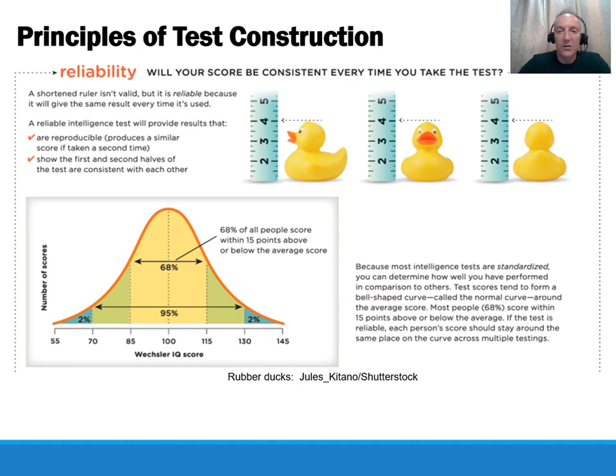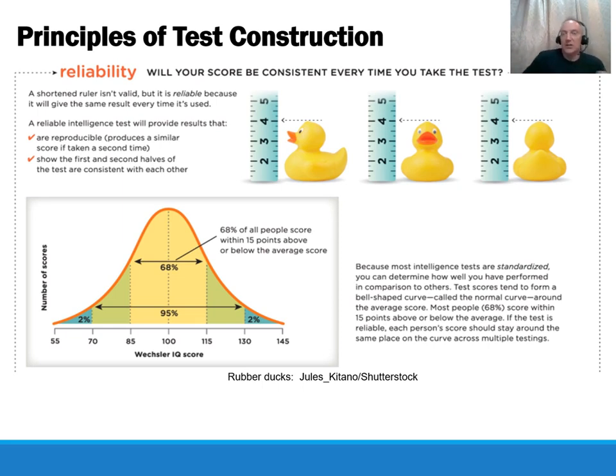Reliability refers to the consistency. So if you were to take a test today and take the exact same test a year from now, your scores, if it was a good test, are going to be pretty similar. Yes, intelligence can change and grow, but it doesn't change remarkably. You're not going to go from being impaired today to genius level when testing you in a year.